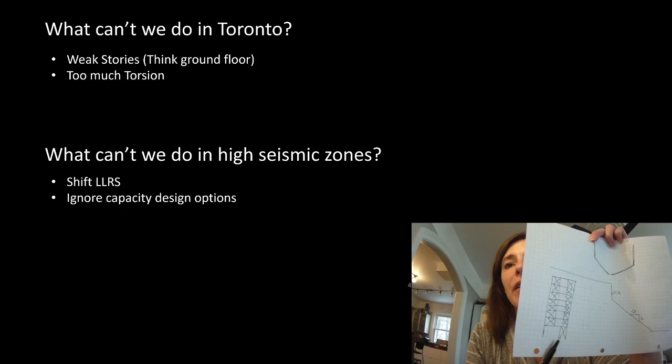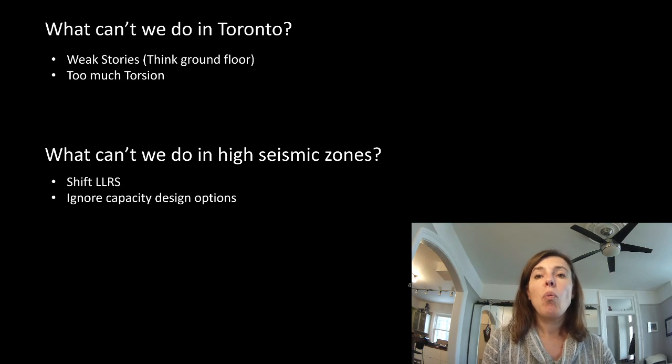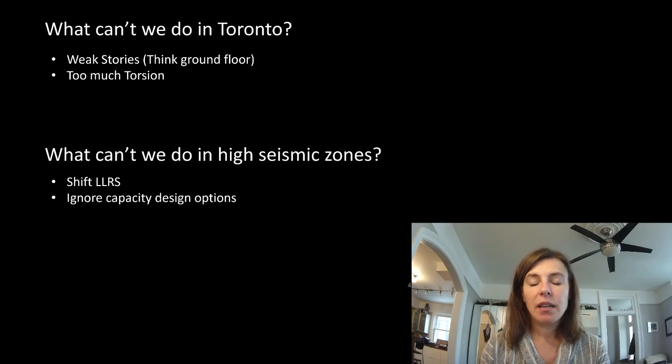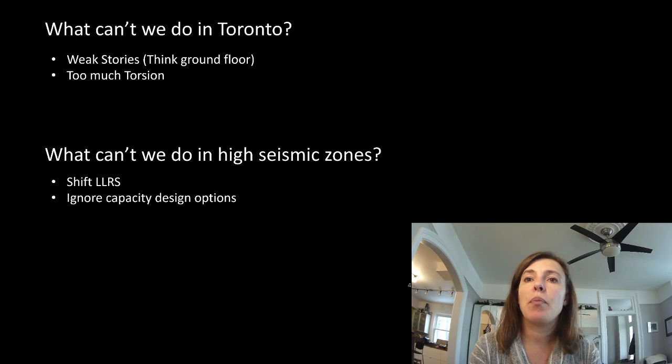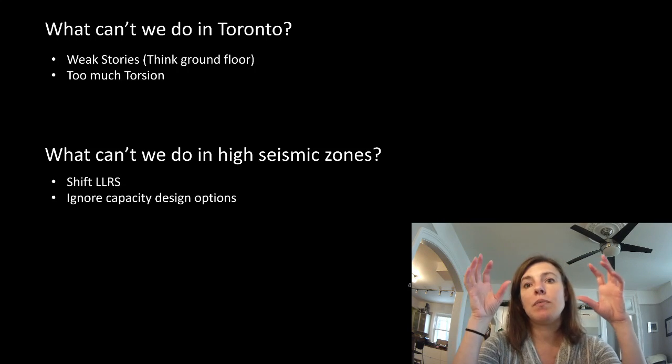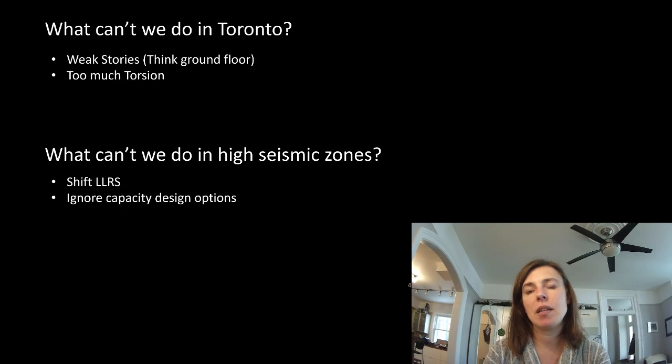It doesn't matter if this is strong enough to resist the loads. What we can't ever have is a story below another story with only 90% or less of the capacity. So if we have, for other reasons, a lateral load resisting system that's stronger above, we have to make sure we have something with enough capacity below.